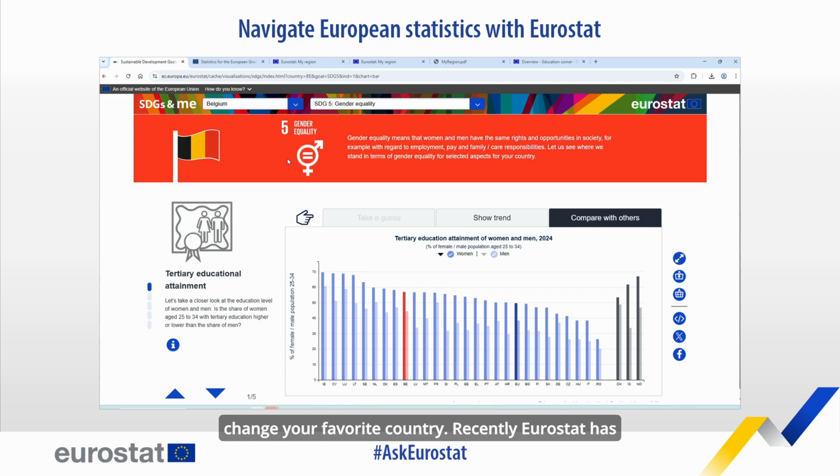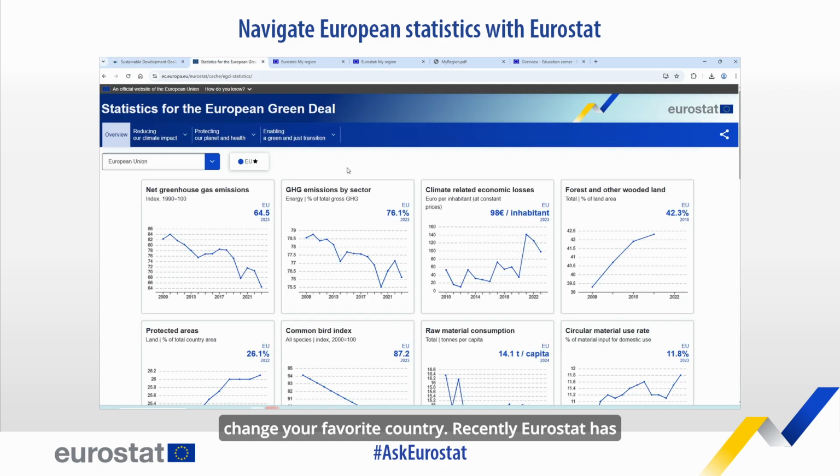Recently, Eurostat has developed multiple dashboards, which is the perfect tool to monitor trends and also compare data for countries. Here you have an overview of the 26 key statistical indicators for the European Green Deal.